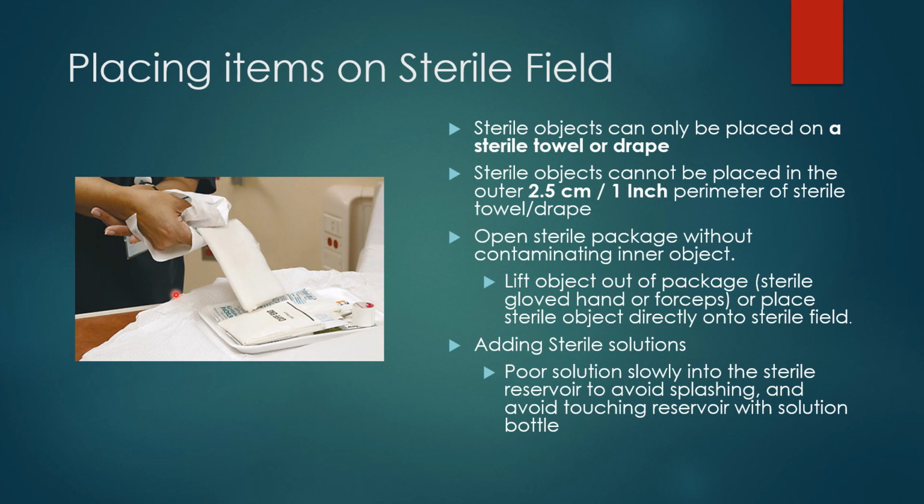They are folded back in an open manner, so the inner contents do not become contaminated. We can then either place that sterile object gently onto the sterile field using the sterile package, or we can take some forceps or a sterile object and grab that sterile object and then place it down on that sterile field. This is something you will practice in lab.